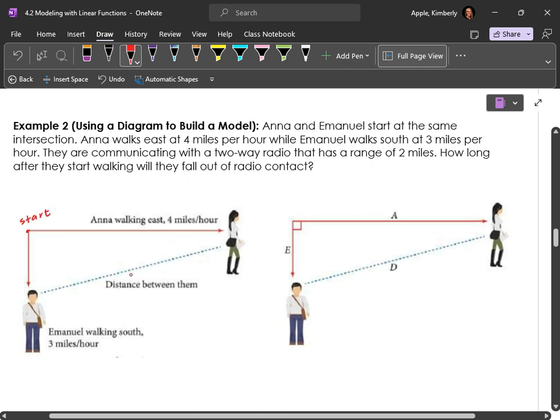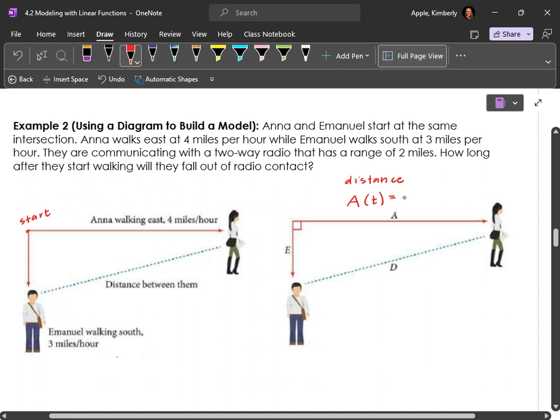We want to know something about the distance. So here we could calculate Anna's distance as a function. A is a function of time. This would be her distance as a function of time.